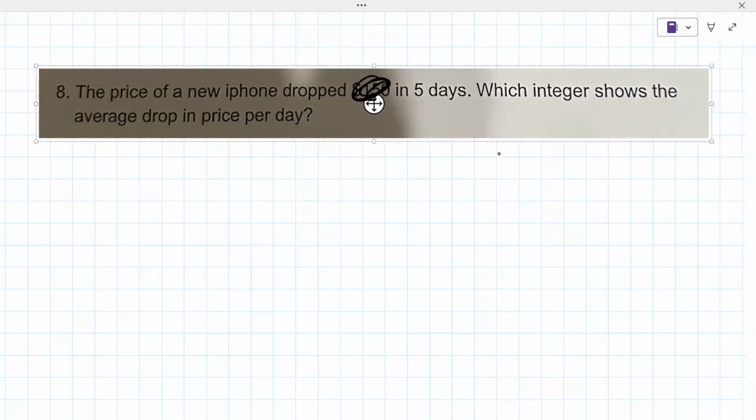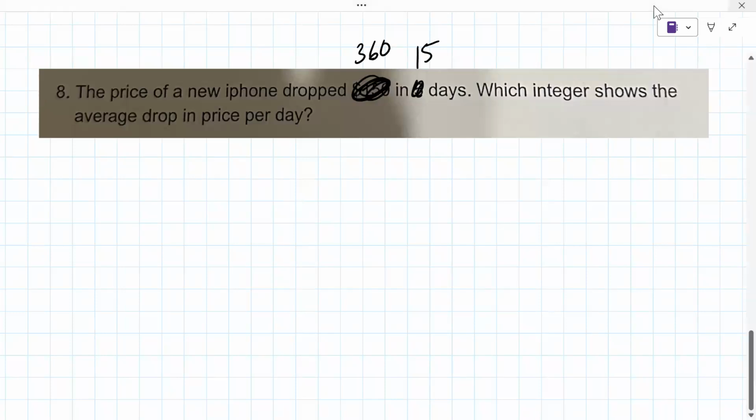All right, so let's say the iPhone dropped $360 in 15 days. Could you figure out the price per day? Negative $24 per day. So it's $24 per day.